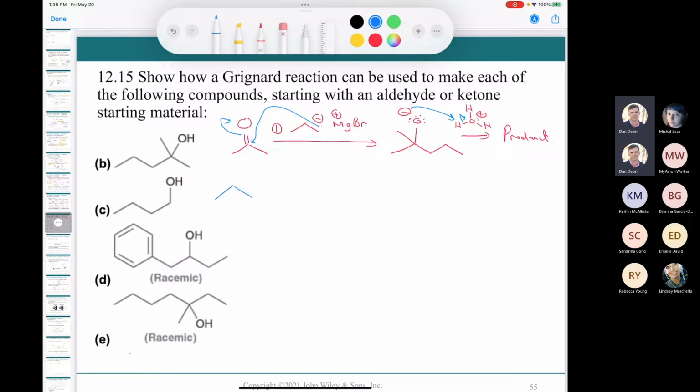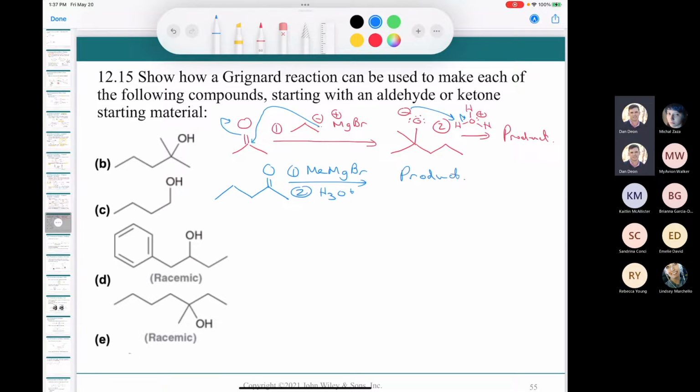You'd have the double bond to the oxygen here. And what you would do is first treat that with methyl magnesium bromide. Then in the second step, you would treat that with H3O plus or H2O, and that would give you the desired product.